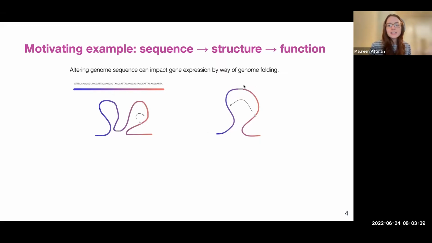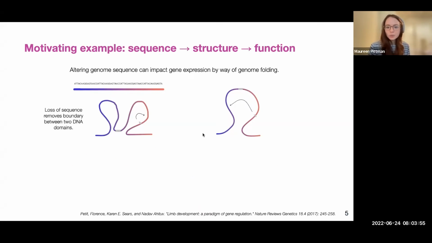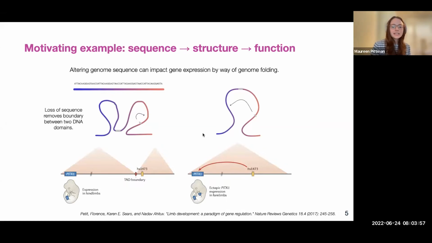And if that insulator binding motif were to be deleted, then perhaps this regulatory separation no longer exists, and a cis regulatory element might make contact with DNA that it usually wouldn't. And this is, in fact, a mechanism of disease.